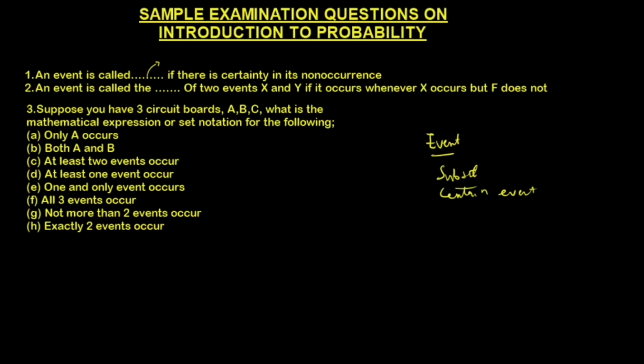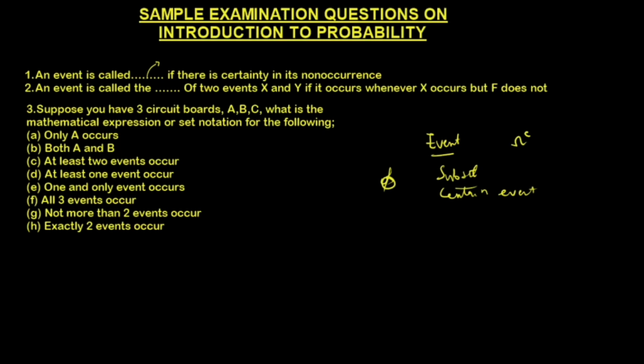Then we go to impossible event. That's what I explained. An event is called impossible if there is certainty in its non-occurrence. Therefore, the empty set, which is represented by this, that's the sample space complement, is an impossible event.